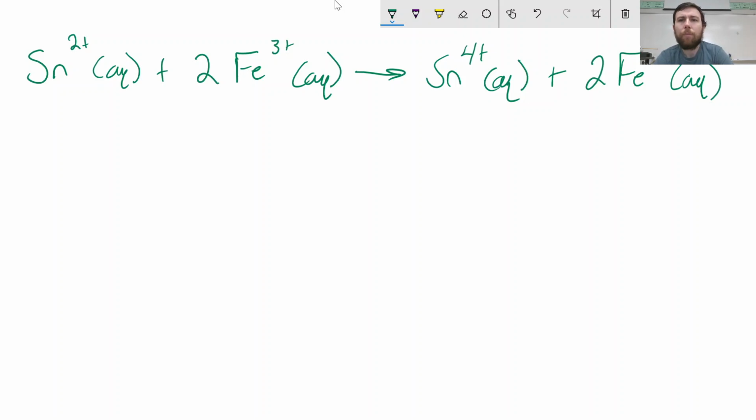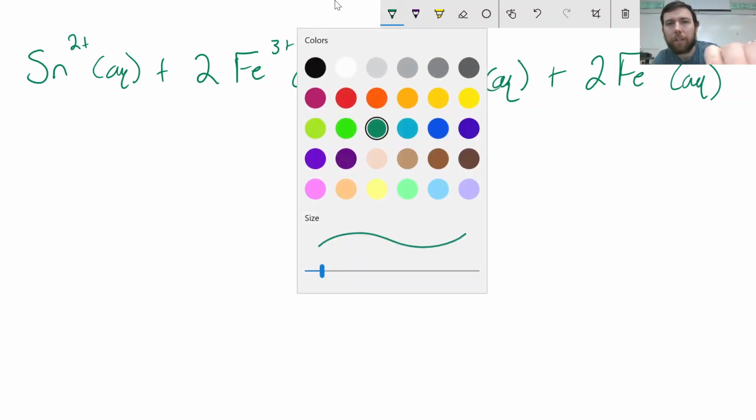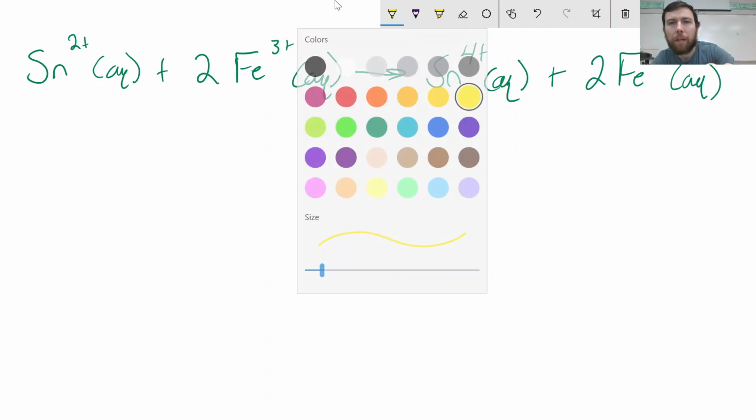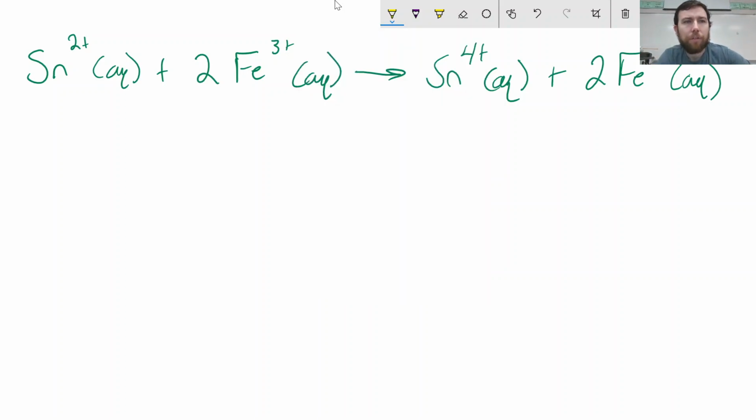For this particular problem, the nice thing is we've got nothing but ions. And if you remember, the charges on ions are the oxidation states for each of our substances. I'm going to write this in a different color just to keep it separate. The Sn2+ ion has an oxidation state of +2.